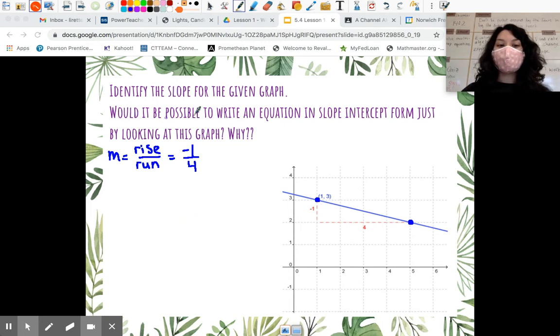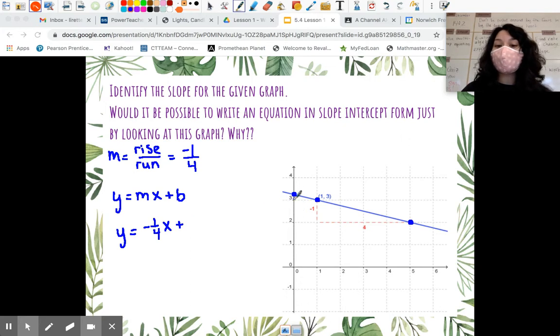The next part is saying, is it possible to write an equation in slope-intercept form just by looking at the graph? Well, to start, I'm going to write my formula. My equation for slope-intercept form is y equals mx plus b, where m is my slope and b is my y-intercept. It's the point where it's crossing the y-axis. So I know that I can go ahead and substitute my slope here. But just looking at this graph, I don't know the exact value of b, and I don't want to just estimate it and put some arbitrary number, right?